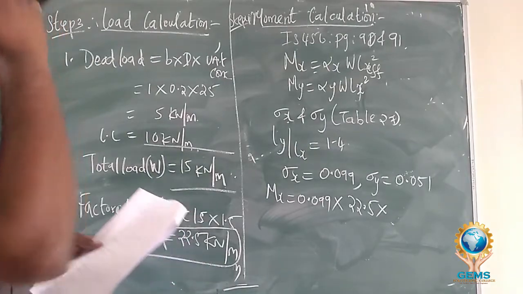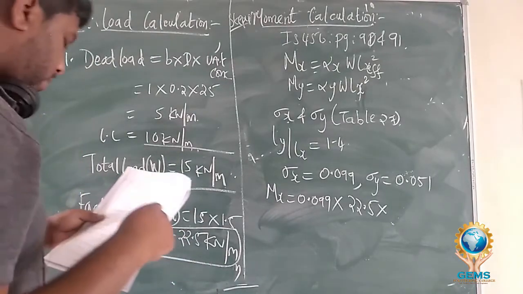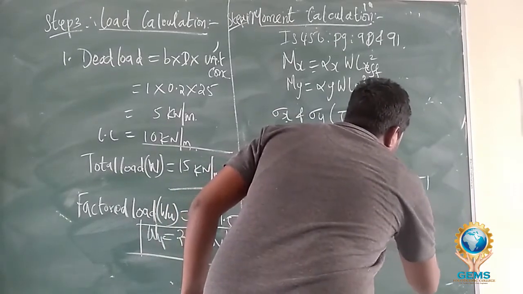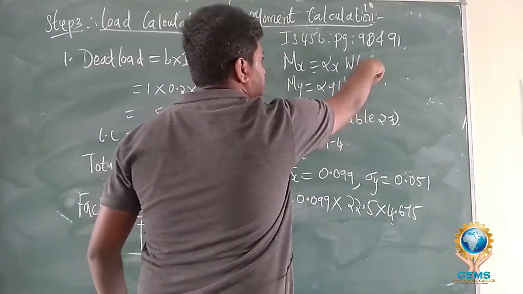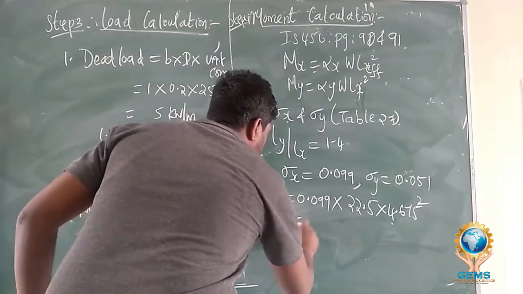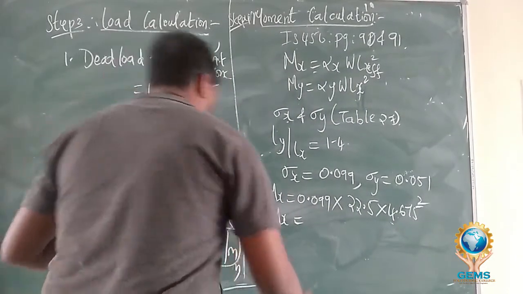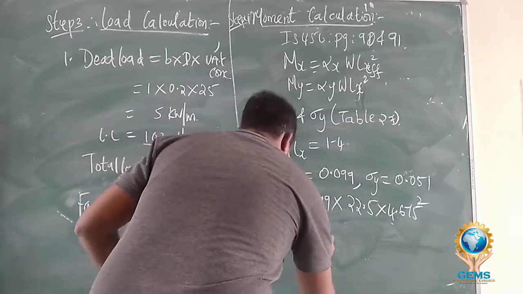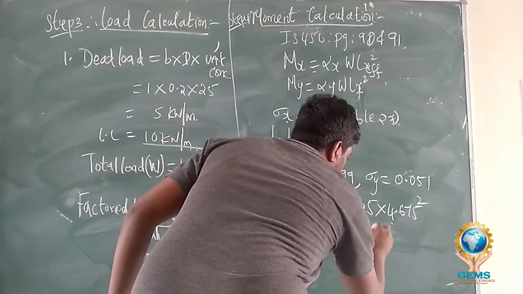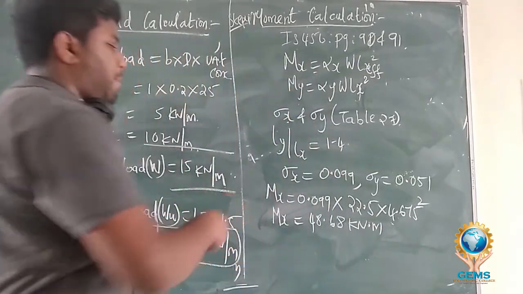Your effective span is 4.675. So substitute 4.675, the whole square. So Mx is equal to 48.68 kilonewton meter.